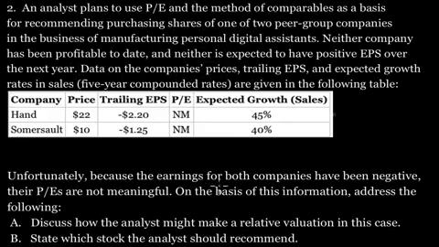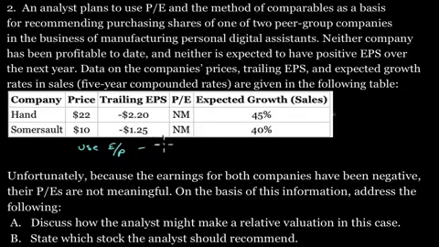Unfortunately, because the earnings for both companies have been negative, their PEs are not meaningful. On the basis of this information, address the following. Discuss how the analyst might make a relative valuation in this case. Well, whenever we have negative EPS, we can always use an earnings yield, right? We can use earnings over price. So we can have negative 2.20 over 22 for Hand.